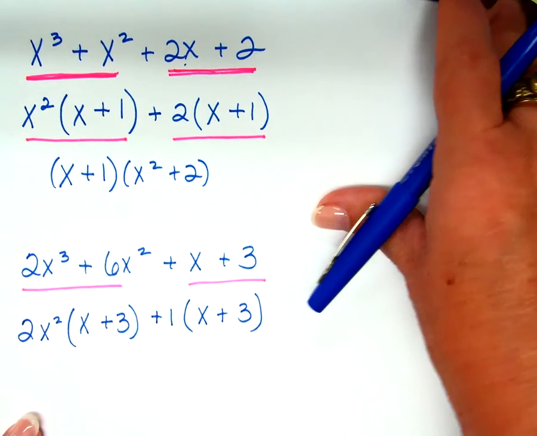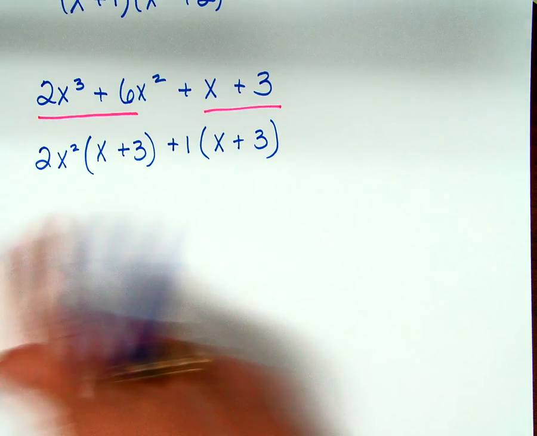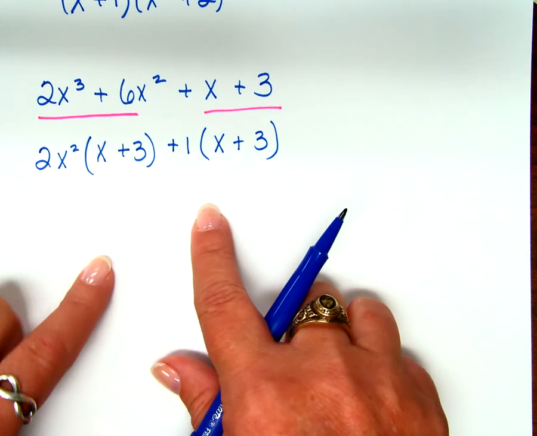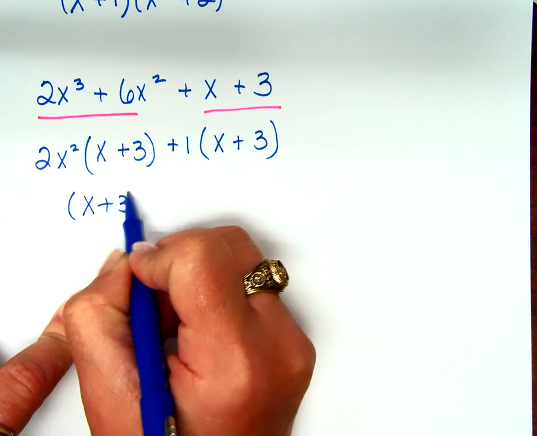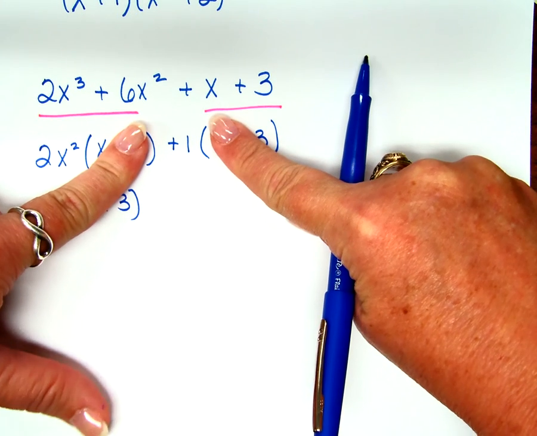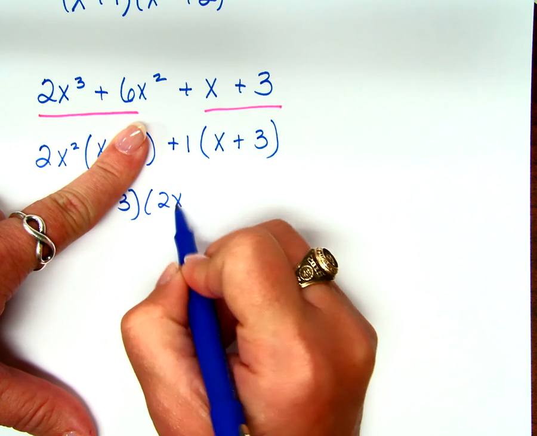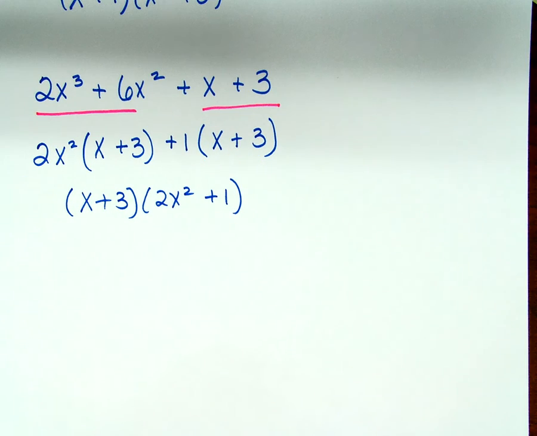Our goal is that the parentheses we have left over are the same. Because if it's the same, what can I do with it now? Factor it out, right? If I factor out an x plus 3 from each term, what's left? 2x squared plus 1. And that is the answer.